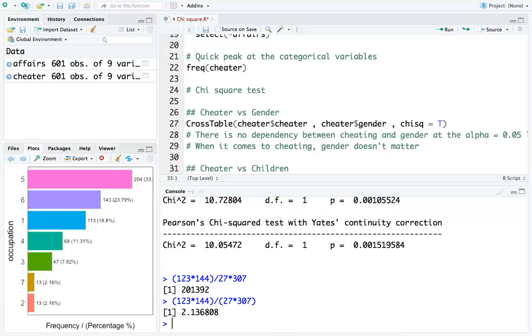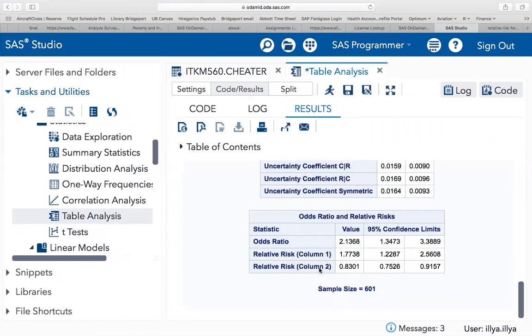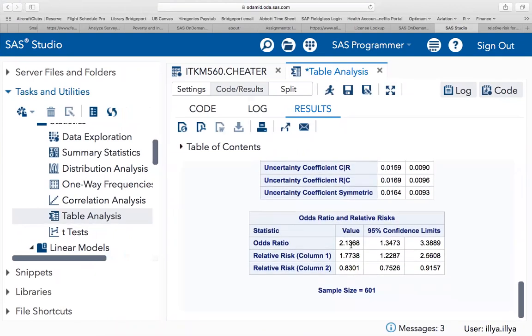That's an odds ratio. Let's go back to SAS. Let's see if they came out with the same. Look at this number right over here. Same number? Now, I'm going to tell you how we came out with the same number.